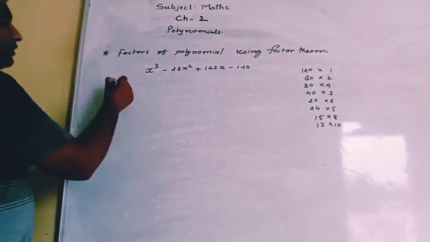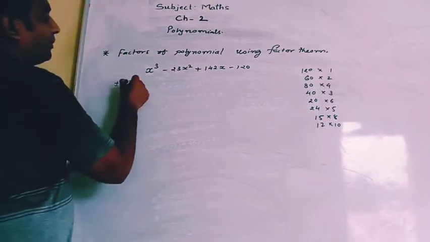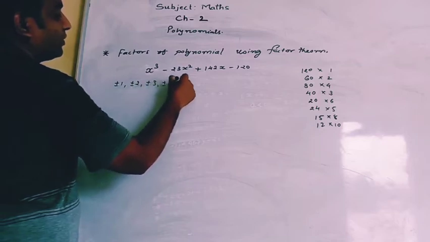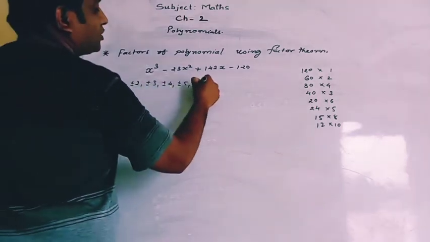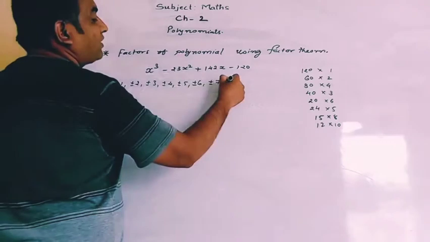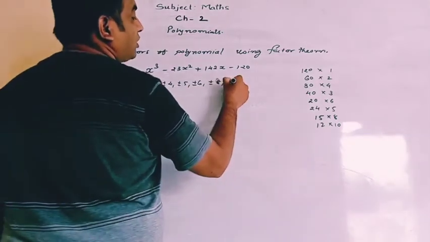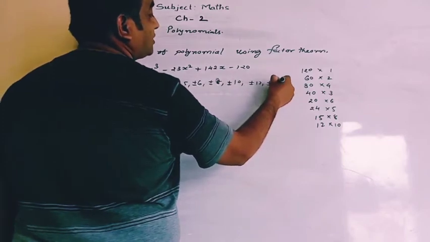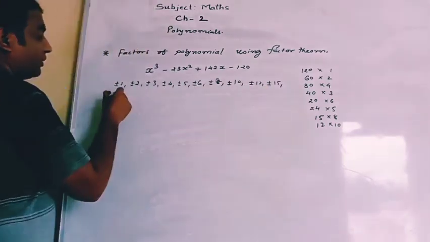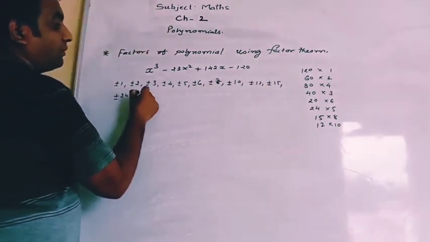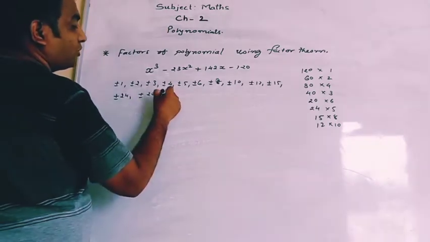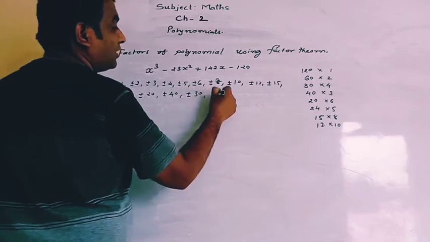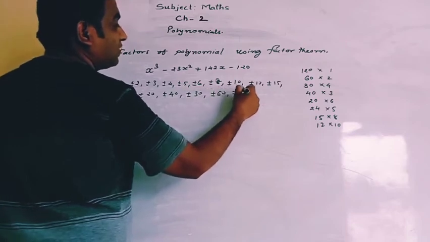So from this, plus or minus 1, plus or minus 2, 3, 4, 5, 6, 8, 10, 12, 15, 20, 24, 30, 40, 60, 120.